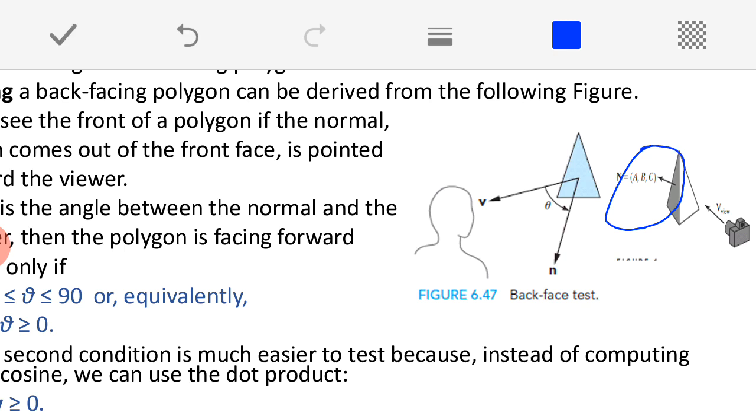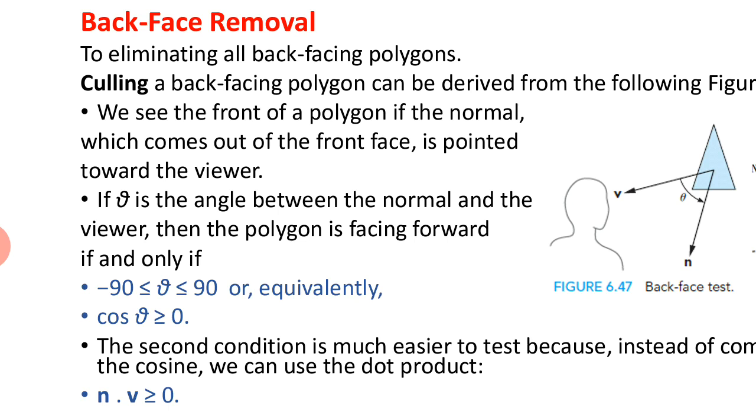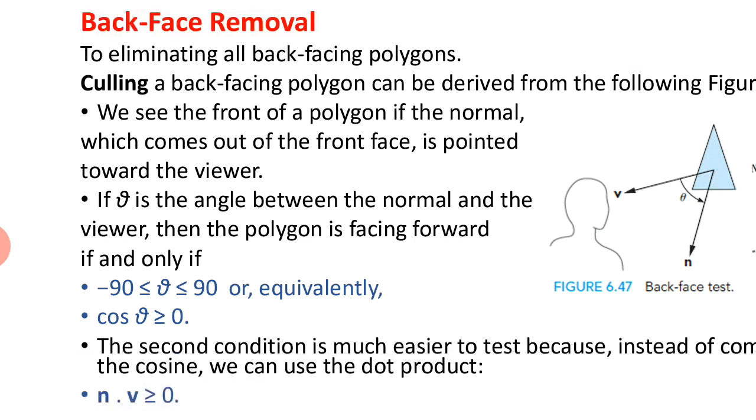Why? Because the normal that I have drawn is going away, in the opposite direction of the viewer. In a mathematical way, I can say that this condition, that theta should lie between minus 90 and 90, will not happen. Or in terms of trigonometry, cos theta is greater than or equal to 0, because cos 90 is 0.